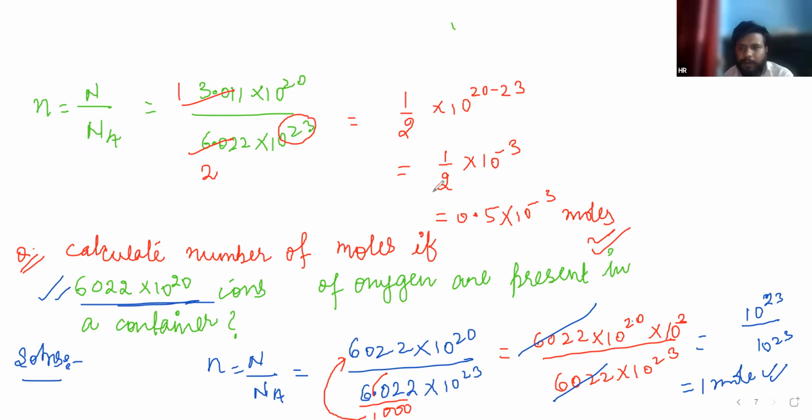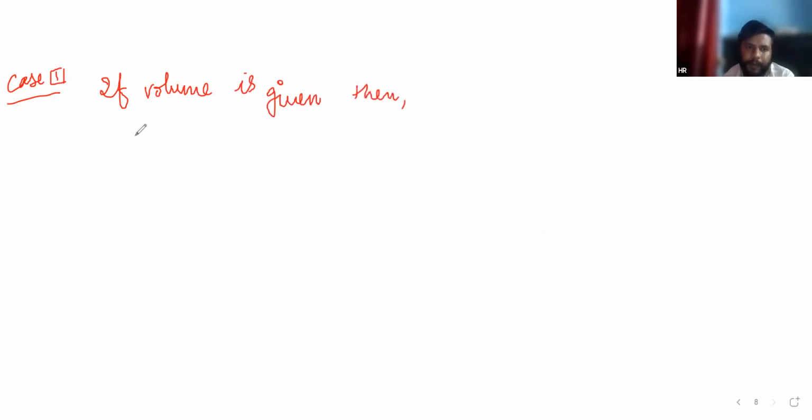Okay. Now the third case comes: if volume is given, then number of moles n is equal to given volume upon 22.4 liter, and in other books it will be written like 22.7 liters.